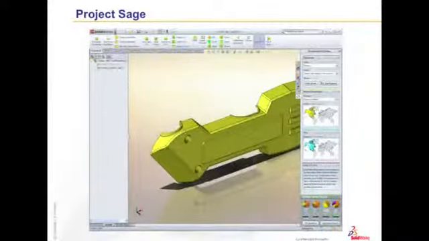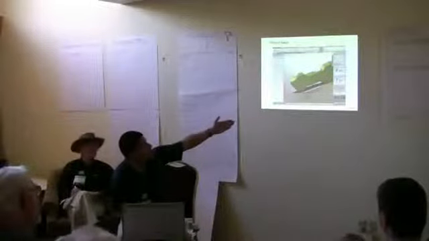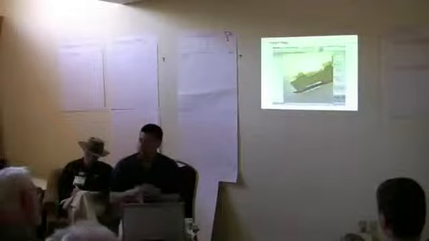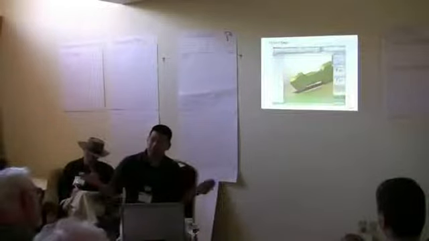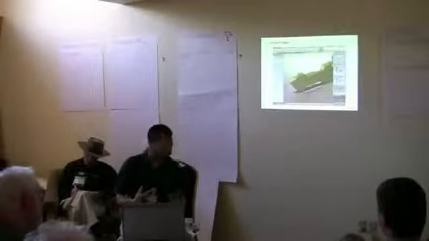This is just a quick snapshot of Project Sage, which we demonstrated at SolidWorks World back in February. The whole idea is, as I'm working on my design in SolidWorks, at any time I have the ability to bring up the LCA tool to understand that environmental impact. And again, it's looking at the entire process based on the technology that we've partnered with PE International on.